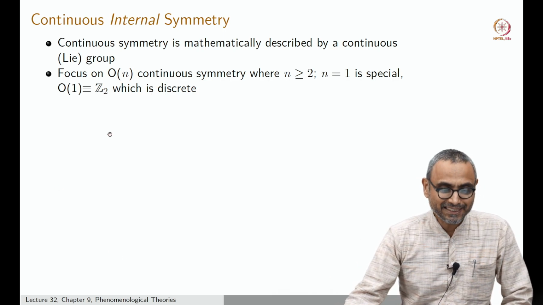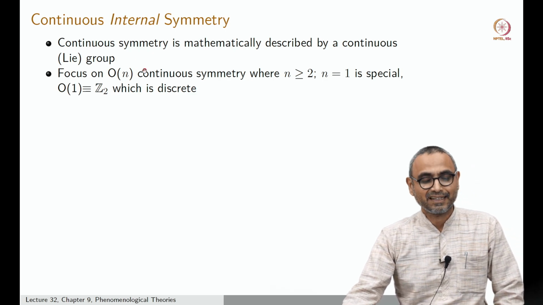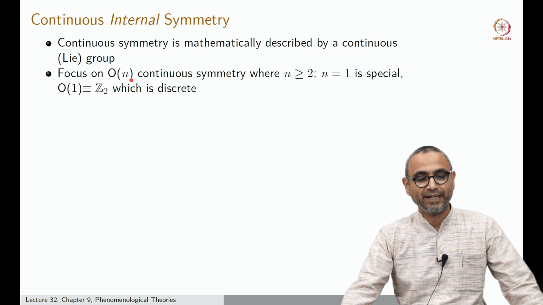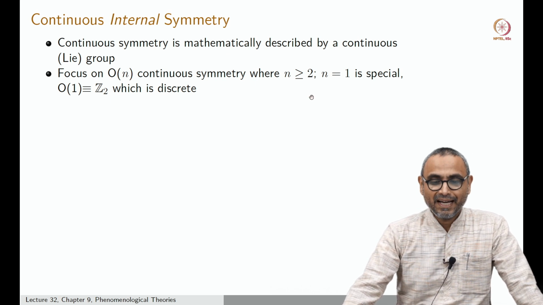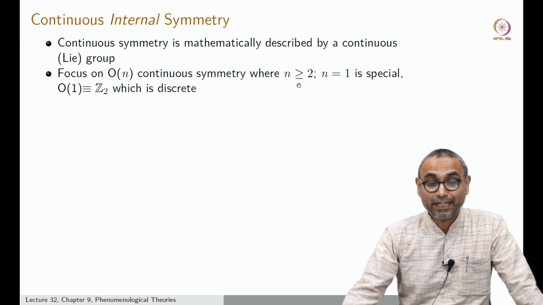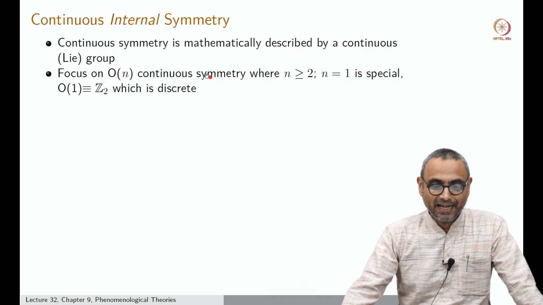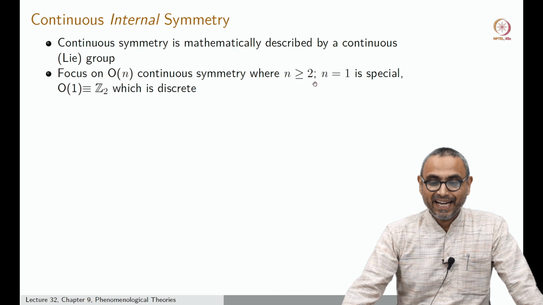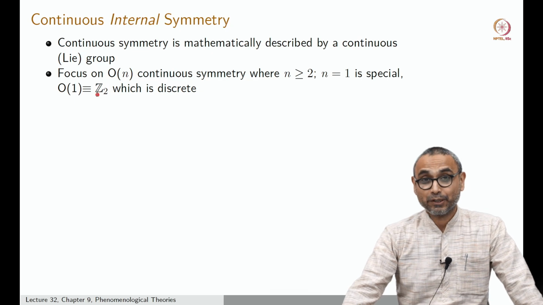And the continuous symmetries that we are going to focus on are what are called O(N) continuous symmetries. What do we mean by O(N)? They are represented by orthogonal groups, and this symmetry will be continuous whenever N is greater than or equal to 2, right? I will have more to say in a moment. When N equals 1, this is a discrete system and O(1) is Z2.